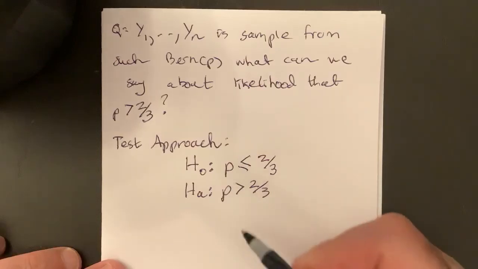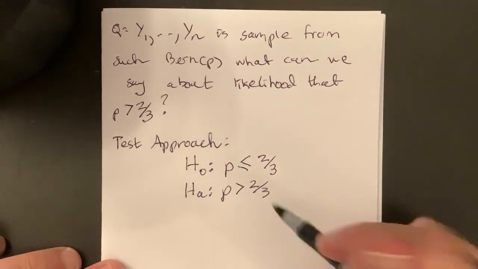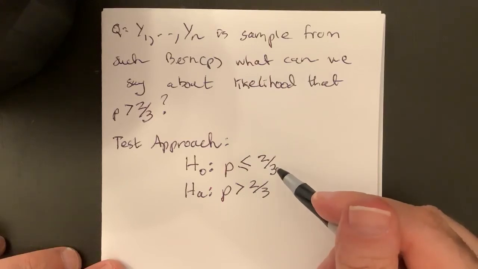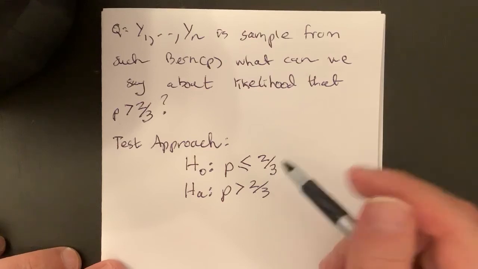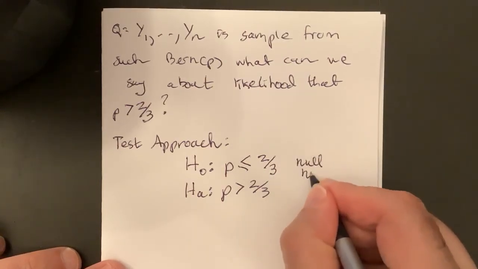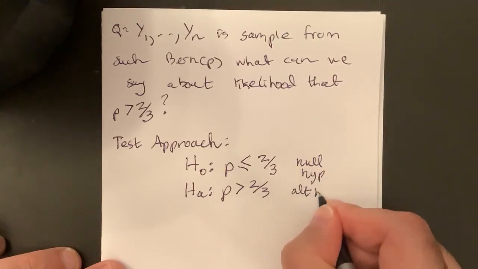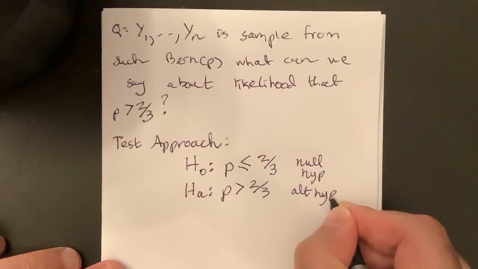So here I have my null hypothesis. Here's my alternative hypothesis. This is called the null hypothesis, and this is called the alternative hypothesis. Okay.